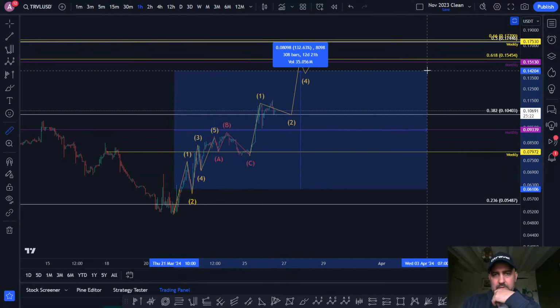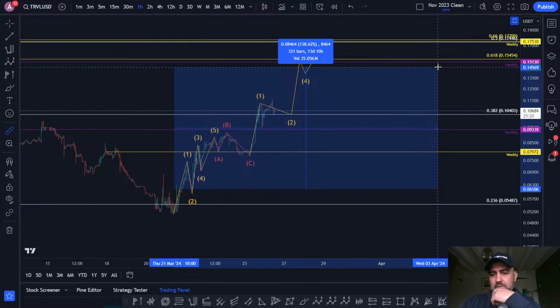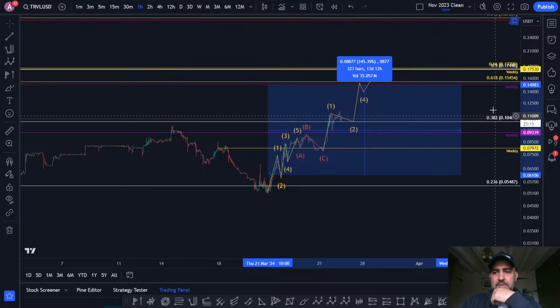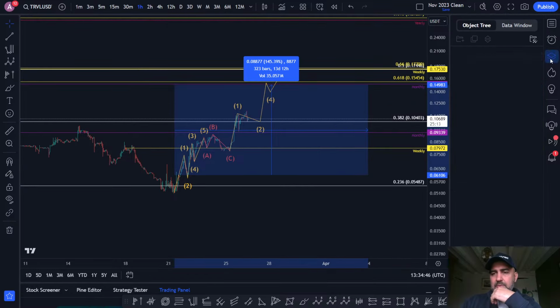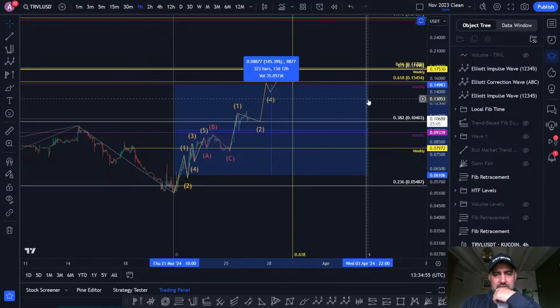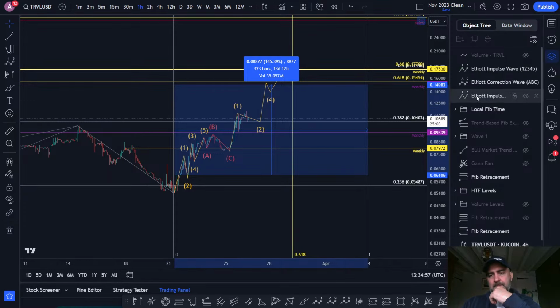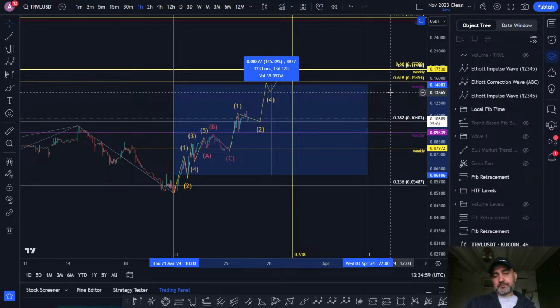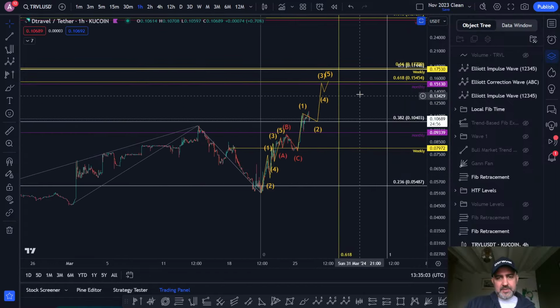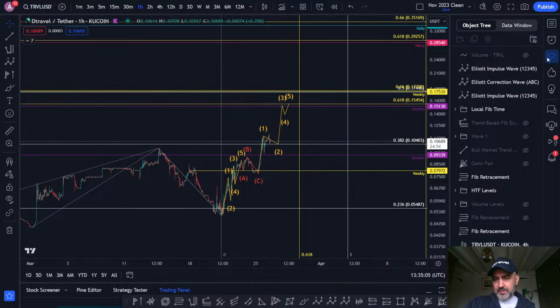That's basically the beginning of April. Beginning of April. See that? It's a 1-to-1. So potentially that's how long this is going to go for, potentially all the way to the end of April.